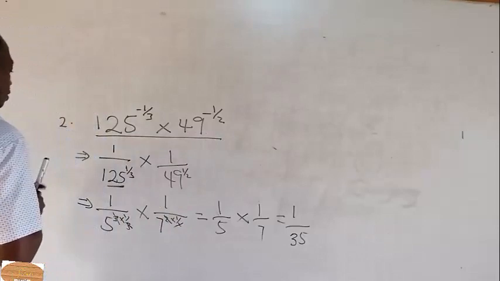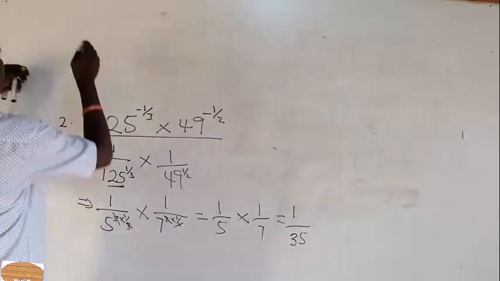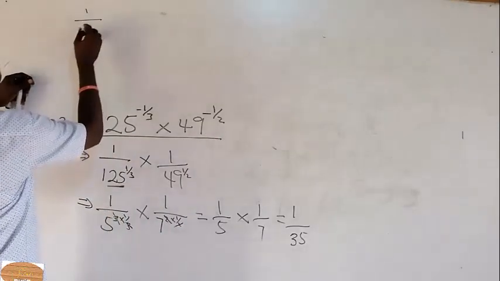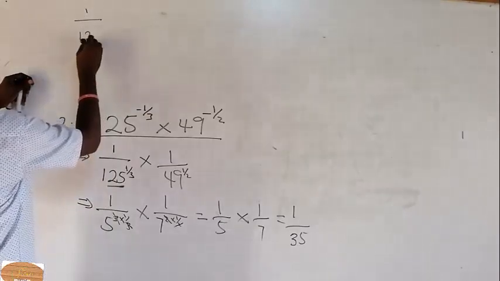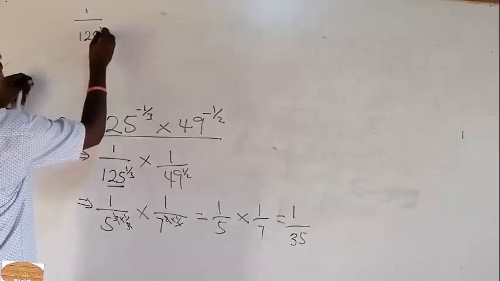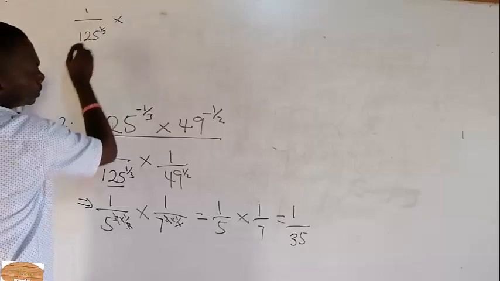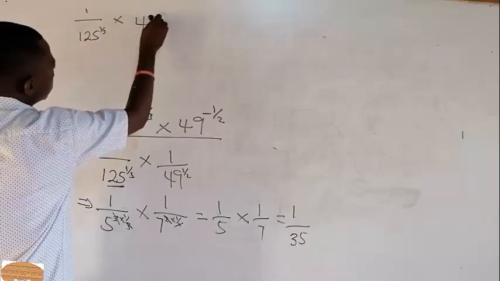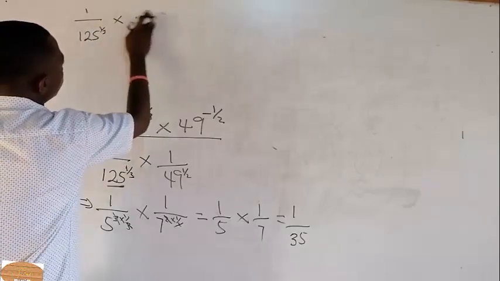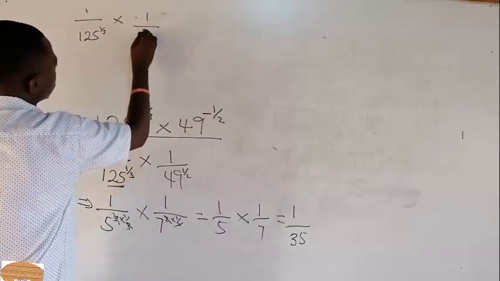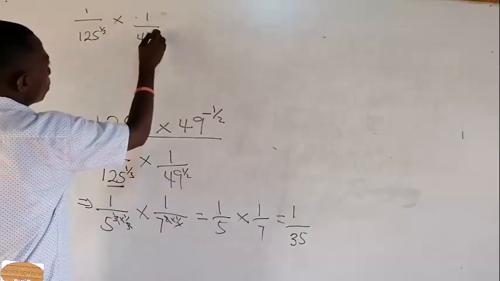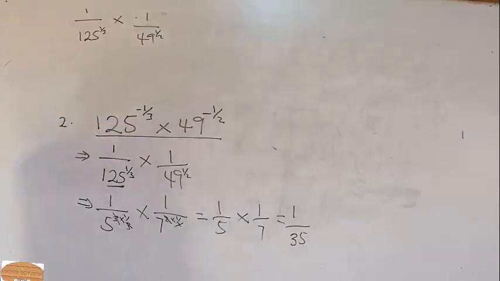So this one is the same as 1 over 125 to the power 1 over 3 times 1 over 49 to the power half.